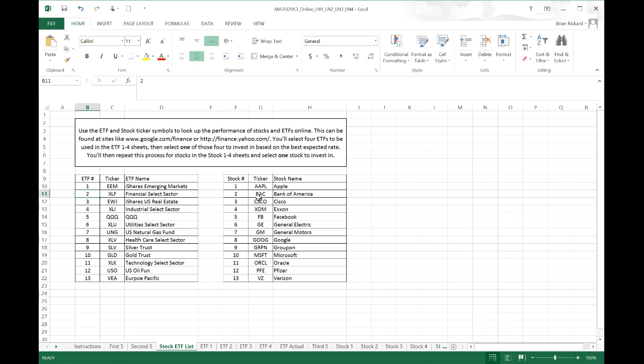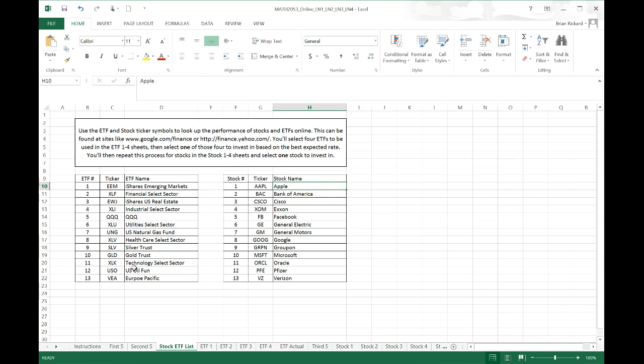So rather than investing in Apple, for example, which is a technology company, you can invest in the technology select sector. So you're investing in a lot of companies that have to do with technology. So it's a little bit less volatile because it's so many different companies. So if Apple crashed, the technology select sector would go down if Apple is a part of it, but not nearly as much as if you had all of your money in Apple directly.